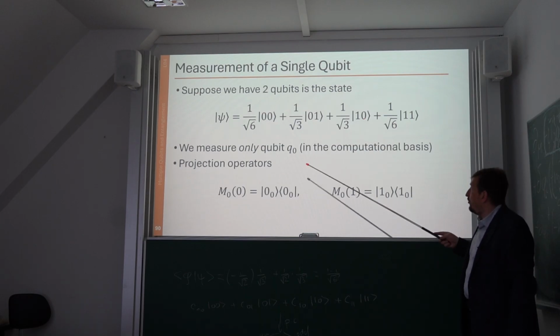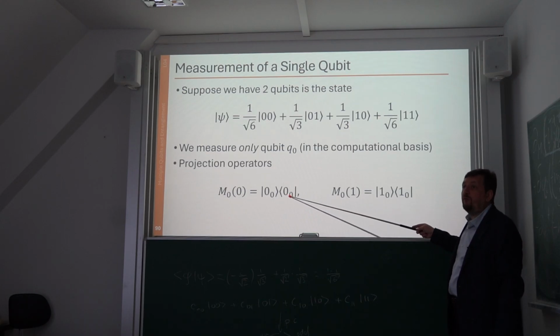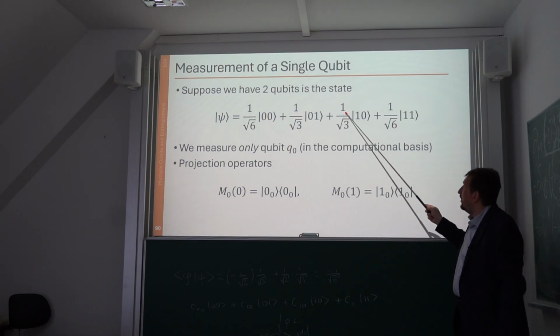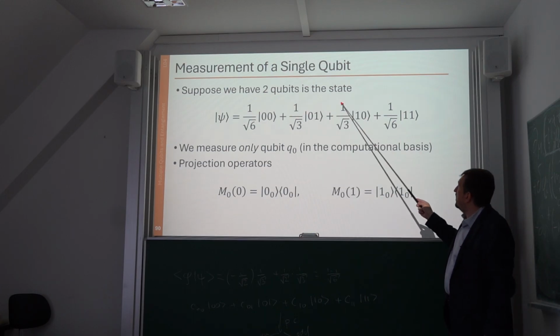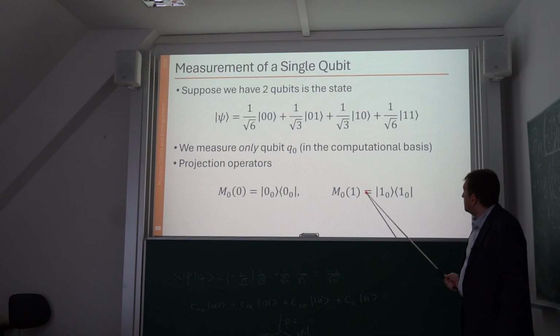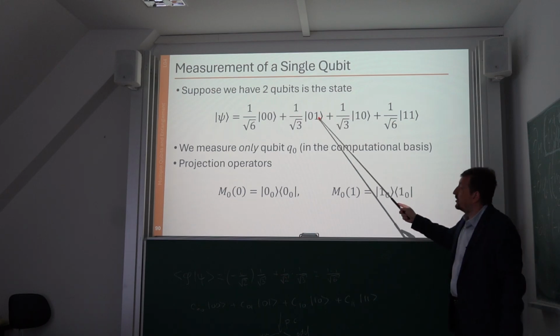So in the post-measurement state, if I get outcome 0, the post-measurement state will have 0, 0 and 1, 0 with coefficients that have a ratio like this. This measurement outcome will select these two states.